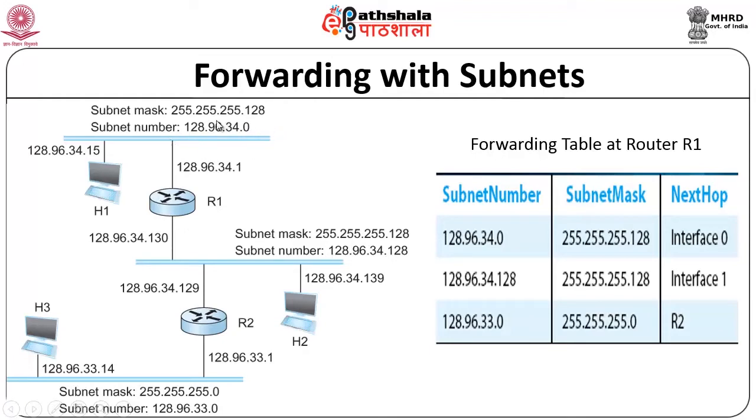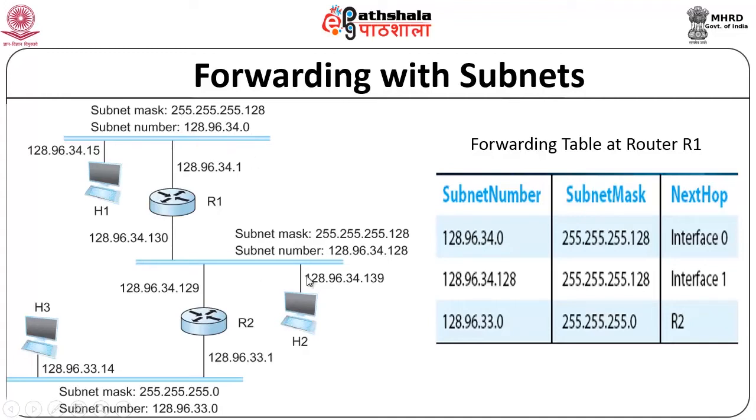So you identify the network and subnetwork parts put together, and that becomes the subnet number. In this case, if I apply 255.255.255.128 as the mask, you get 128.96.34.0 as the number for the subnet.